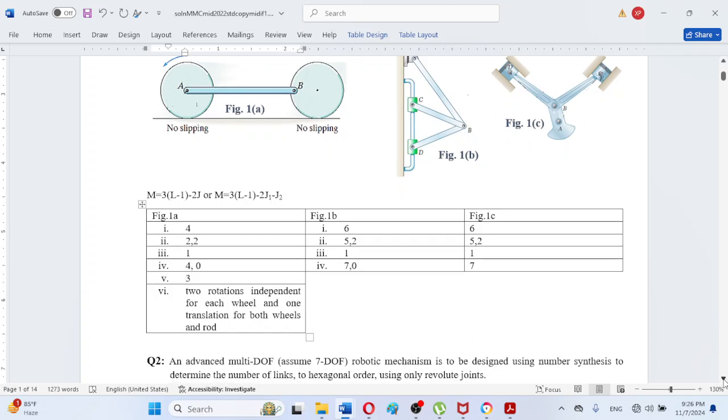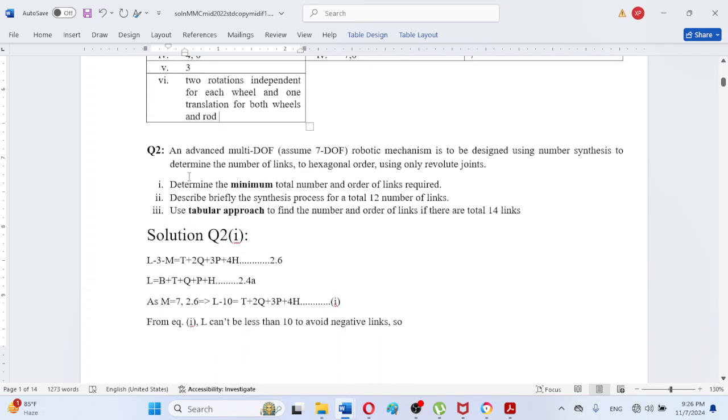Now move to the statement of question number 2, which says that an advanced multi-DOF, assume 7-DOF, robotic mechanism is to be designed using number synthesis to determine the number of links up to hexagonal order. Up to hexagonal order means binary links can also be there. The 7-DOF robot can include binaries, ternaries, quaternaries, pentagonal links and hexagonals, meaning there can be no link greater than hexagonal order.